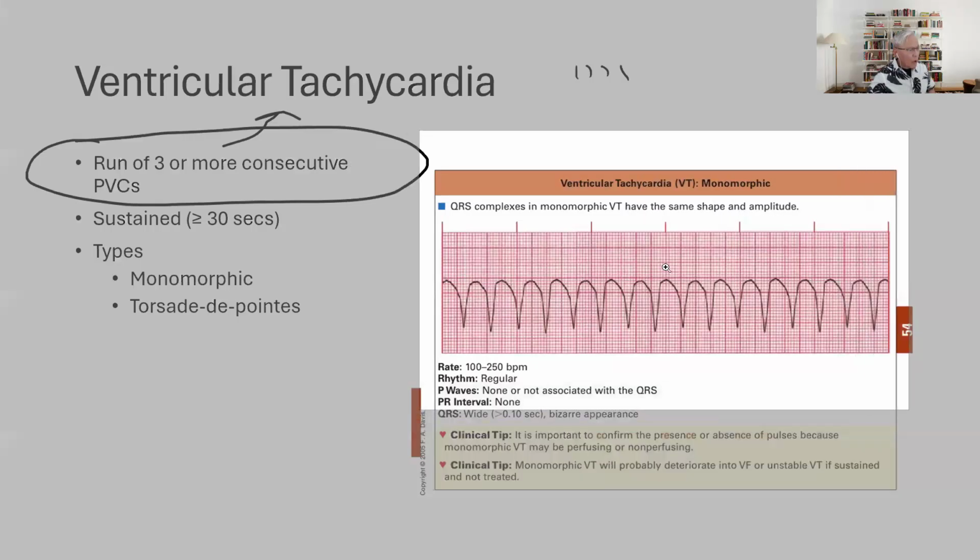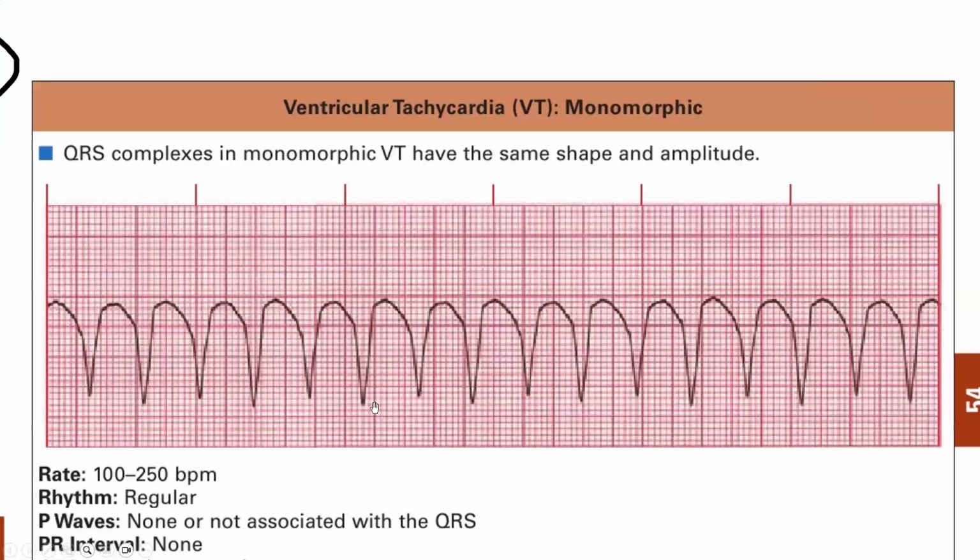Wide. Where is the direction of the QRS complex? Down. Where's the direction of the T wave? Up. So you have PAR-DT, correct? Wide QRS and PAR-DT. This is what is known as a ventricular beat.